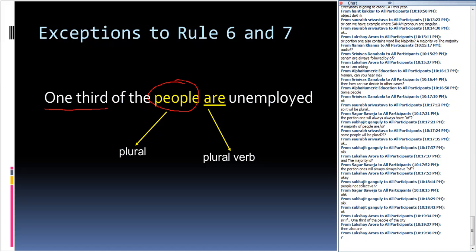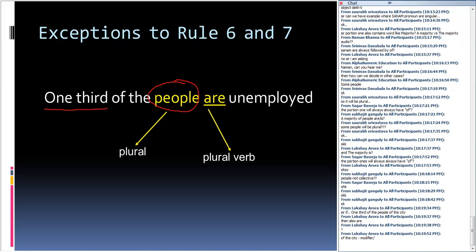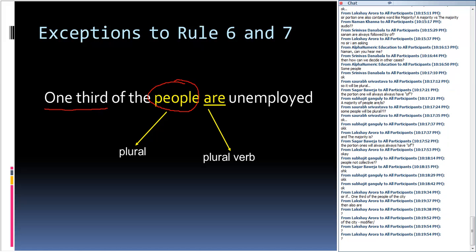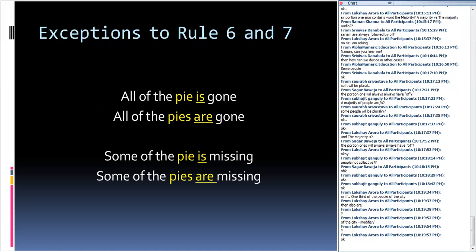One-third of the people of the city then also are, because the subject remains people. The subject remains people. Of the city is a modifier. Lakshya. Yes. Okay.